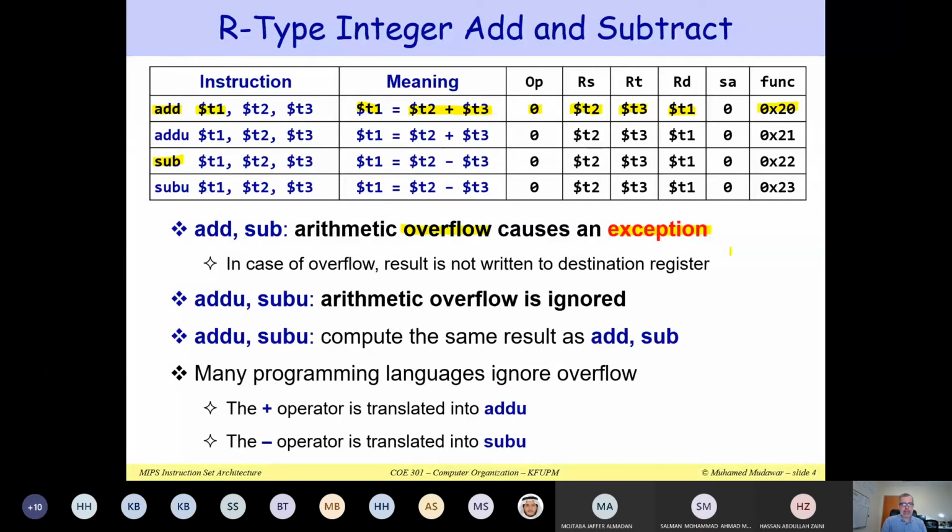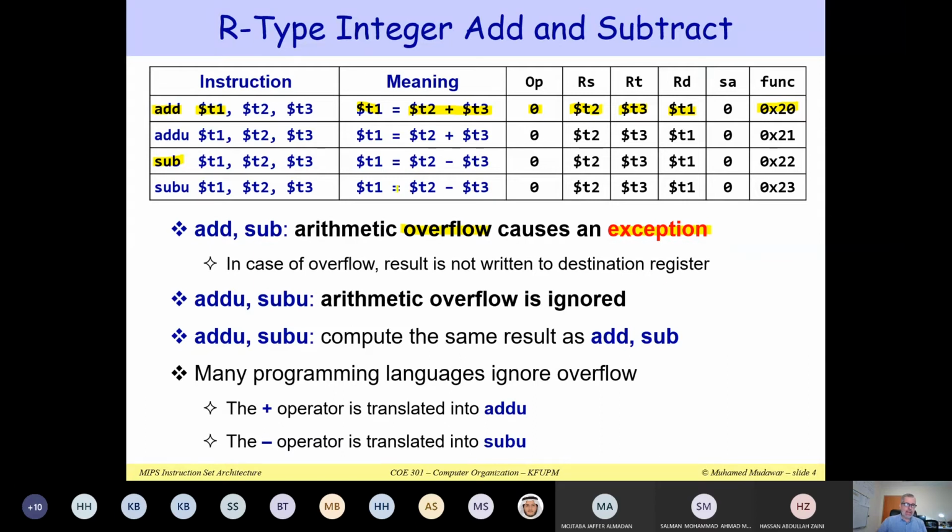Now, some exceptions might not terminate the execution of the program, but in the case of arithmetic overflow, it typically is going to terminate the execution of your program. And the result will not be written to the destination register if there is an exception. So the add and the subtract are going to detect overflow.